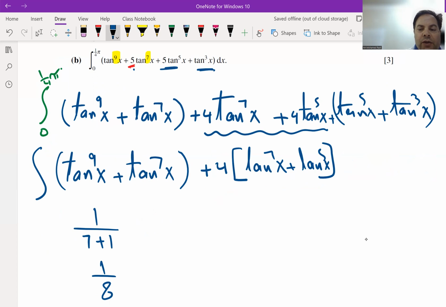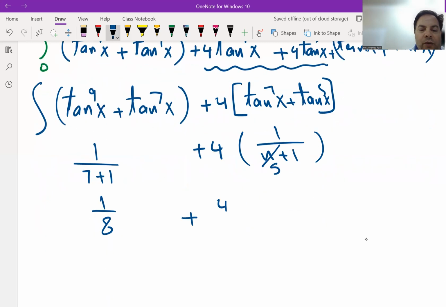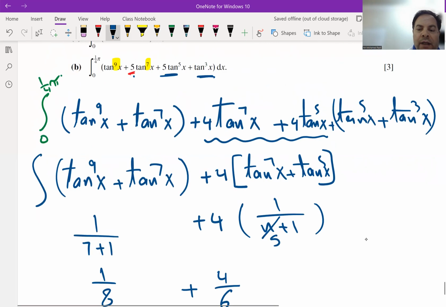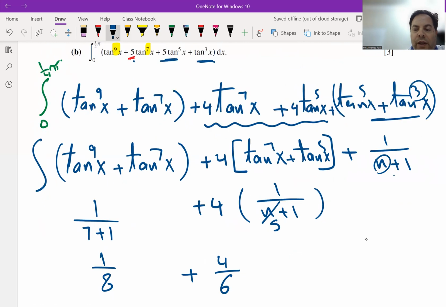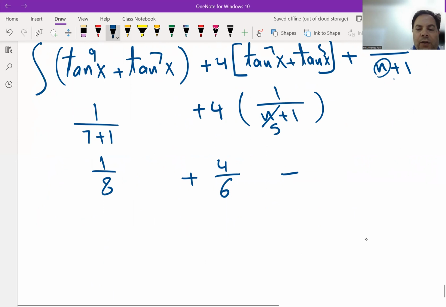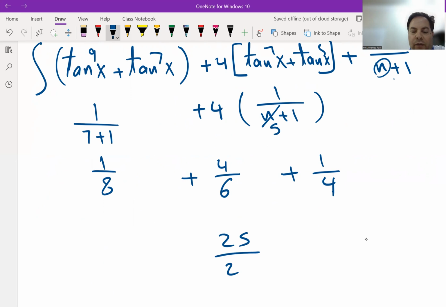This part also will be the same, but don't forget to multiply by 4. 1 over n plus 1, but n is 5, so 5 plus 1 is 6, so this part is 4 over 6, and you can simplify more. This part is the same, we can write 1 over n plus 1, but n is 3, so 3 plus 1 is 4, so this part is 1 over 4. The first part is 1 over 8 plus 4 over 6 plus 1 over 4. Add them all together and you will get your final answer, 25 over 24.